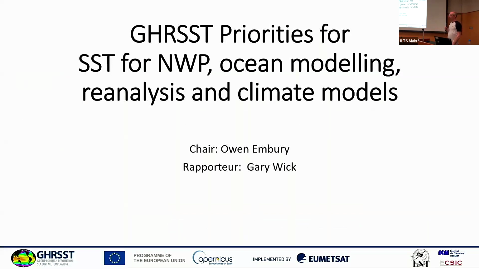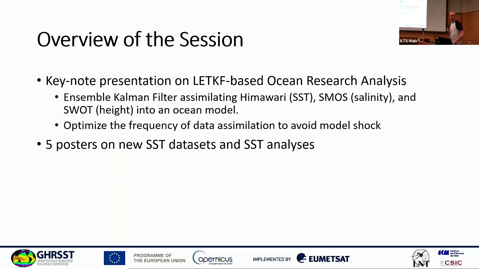Okay, this is the report for session 6, the priorities of SST for NWP, ocean modeling, reanalysis, and climate models. So overview, we had one keynote presentation from Sean Oshie on LETKF-based ocean reanalysis, which was talking about using an ensemble Kalman filter for assimilating Himawari, SMOS, and SWOT into an ocean model.